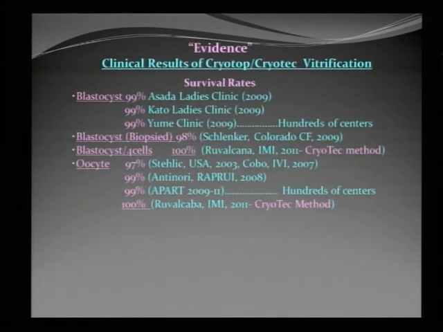I supervise the IMI clinic, Institute of Mexico Infertility. This is the largest center in Mexico. So I'm a supervisor of this center, and we started to use this technology here. They already have experience of 400 cases for human blastocysts and oocytes, resulting in still 100% survival here.